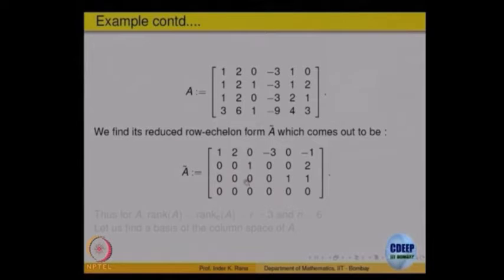The next pivot in the third row is coming at the fifth place, 1, 2, 3, 4 and 5, and everything else is 0. So, these are the only pivots, because in the next row everything is 0. You do not have to bring this matrix to reduced row echelon form. Row echelon form is good enough.